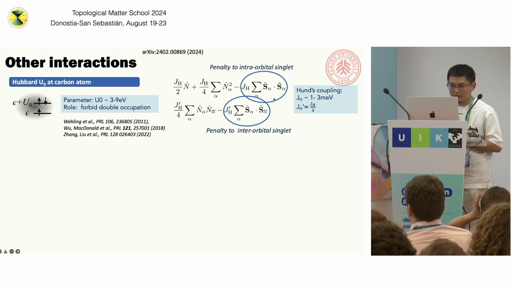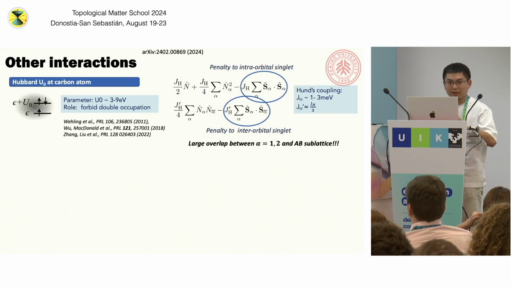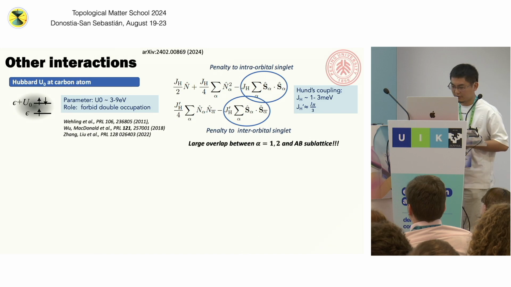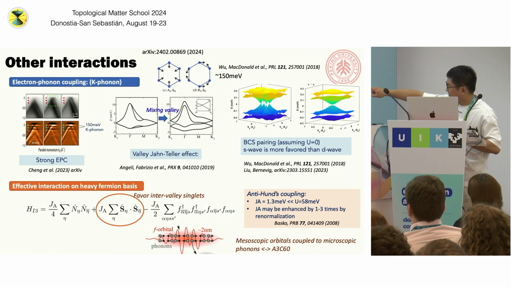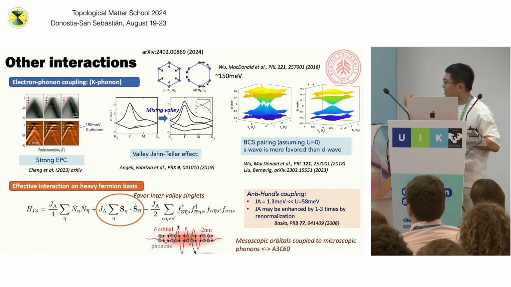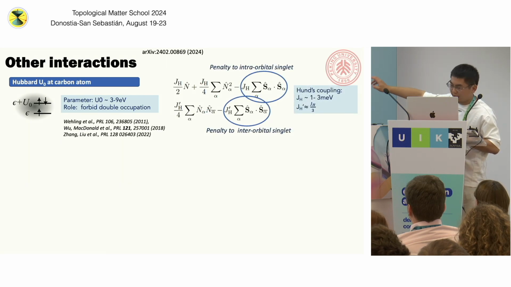So it acts in different channels from the anti-Hund coupling. So these two terms do not simply add together; they act in different channels. And so the global ground state will likely be in the channel of inter-valley singlet. How to say this?